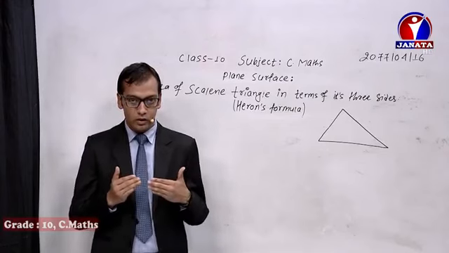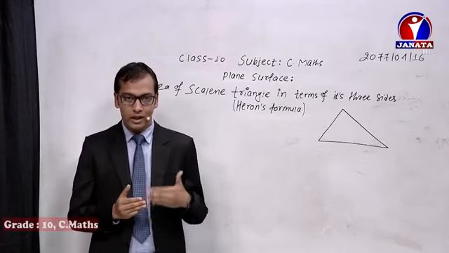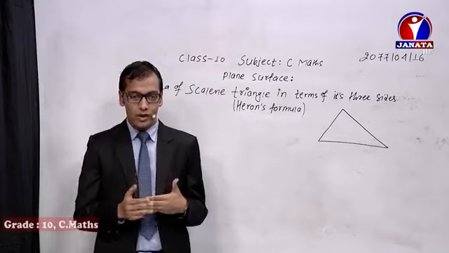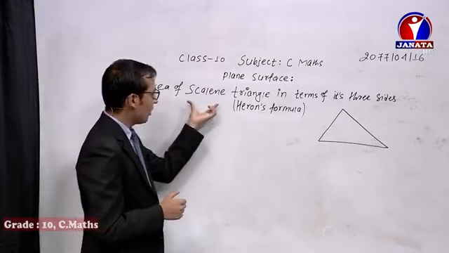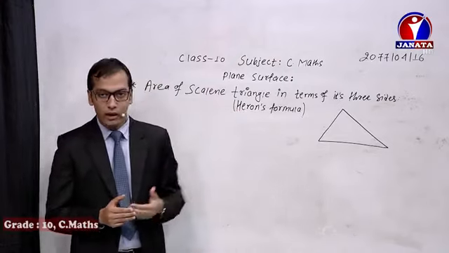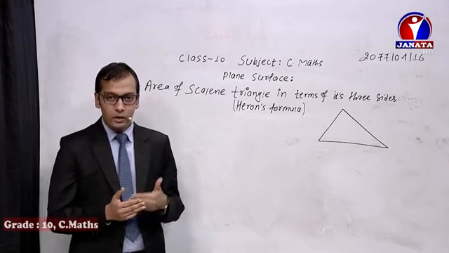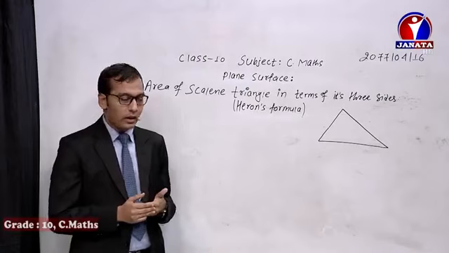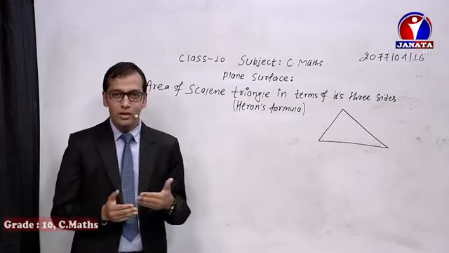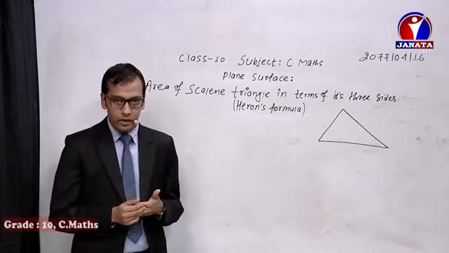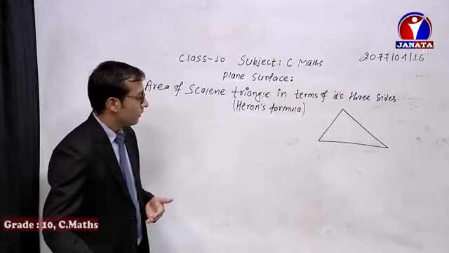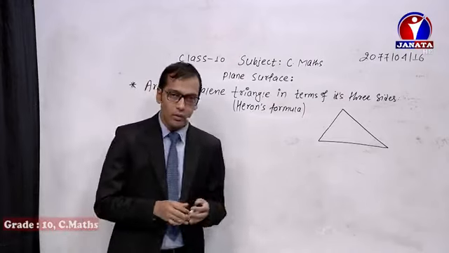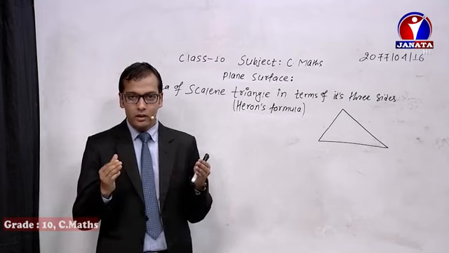So the first topic today is the area of a scalene triangle when its three sides are given, or simply the area of a scalene triangle in terms of its three sides. We denote the sides of a triangle by small letters.